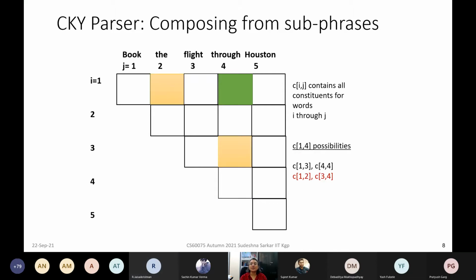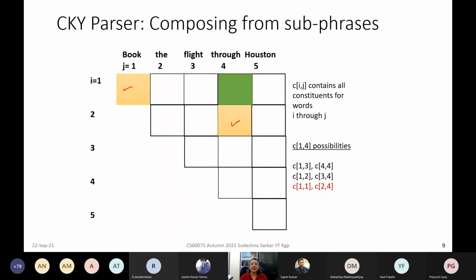Good. This is 1, 2, and this is 3, 4. What is the third one? 1, 1, and 2, 4. So this is 1, 1, and this is 2, 4. These are the three decompositions possible.